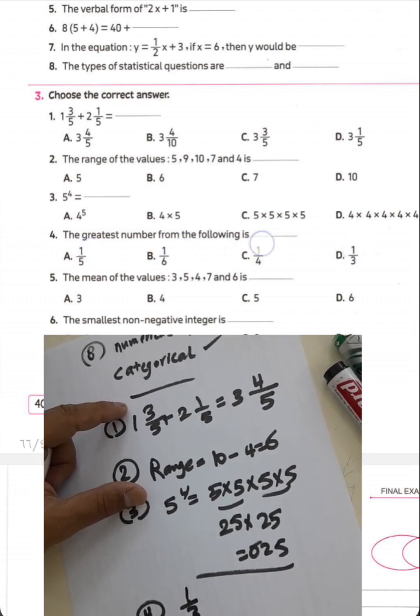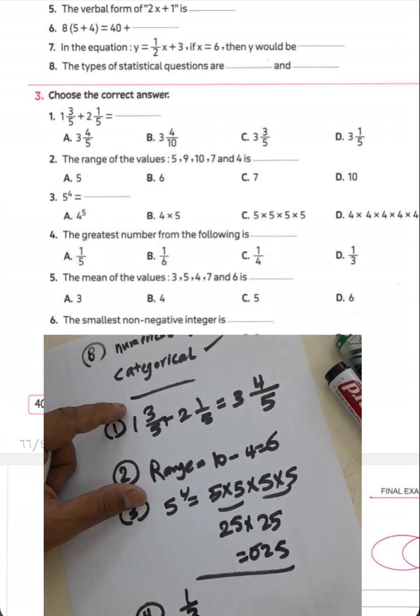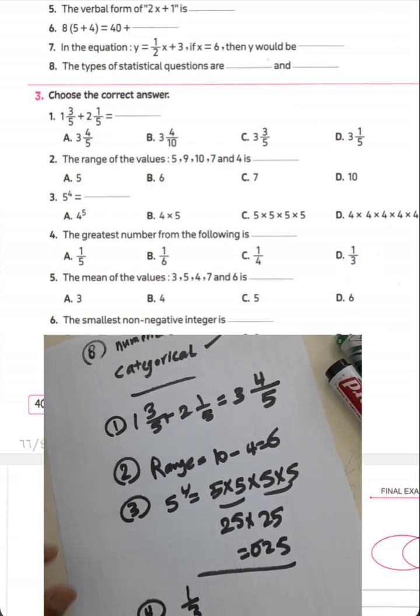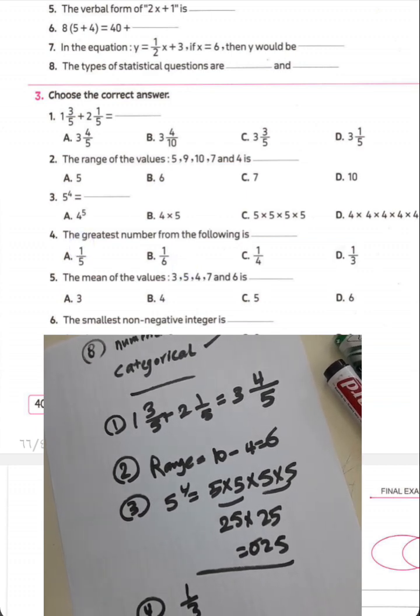If all numerators are equal in the fractions, we must choose the smallest denominator. 3 is less than 4, less than 6 and less than 5, so 1 over 3 will be greater than 1 over 4, 1 over 6 and 1 over 5. Then the result will be 1 over 3.